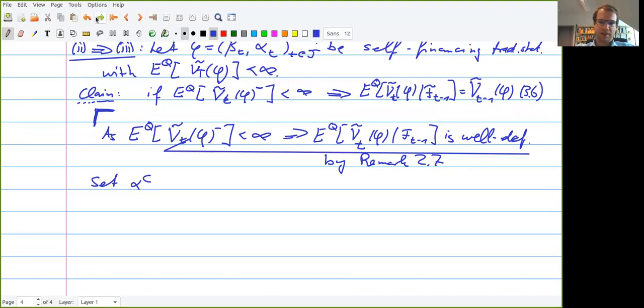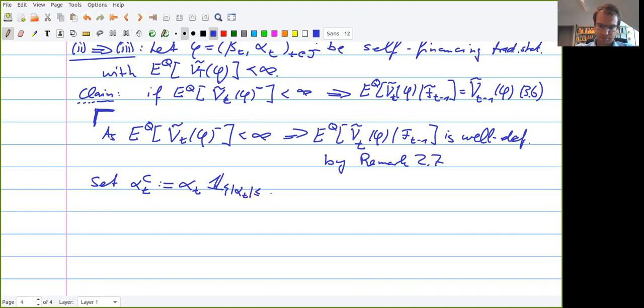We modify our trading strategy alpha to alpha C T, which is our given trading strategy alpha restricted to the event that alpha is less than C, where C is some constant.